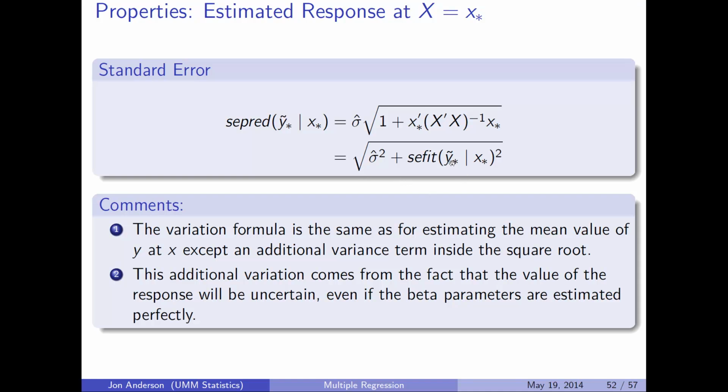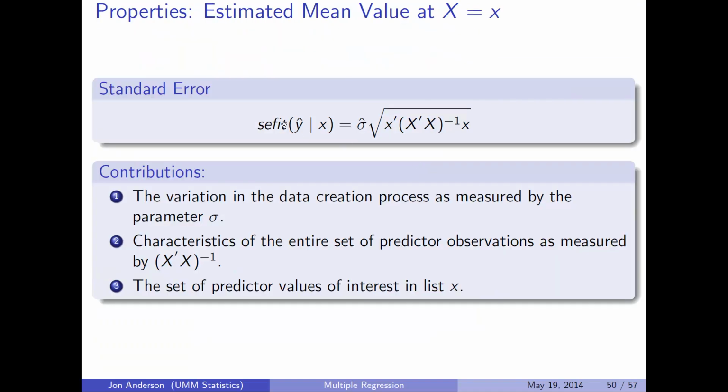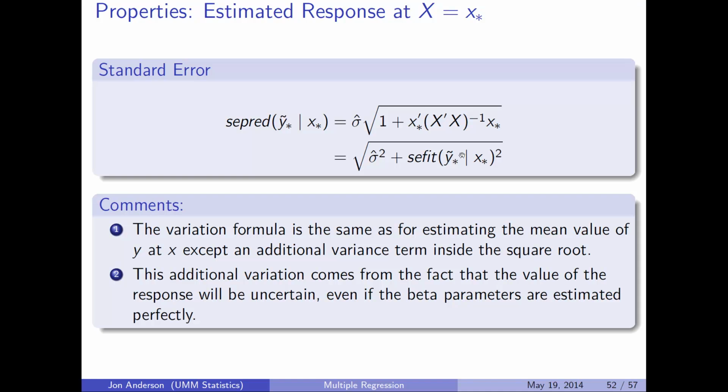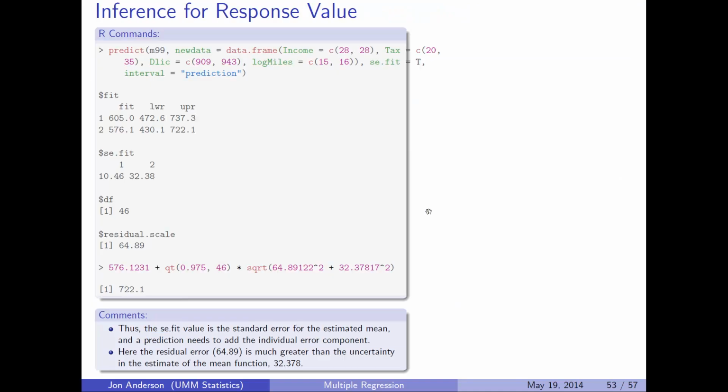So it is the standard error for the mean function, SE fit, plus an additional sigma hat squared multiple. And so the same things that drive the variation of a prediction for the mean function drive the variation for a predicted value of y.